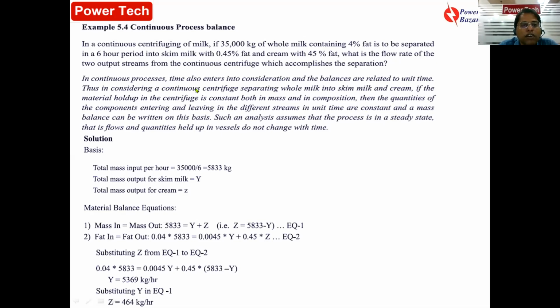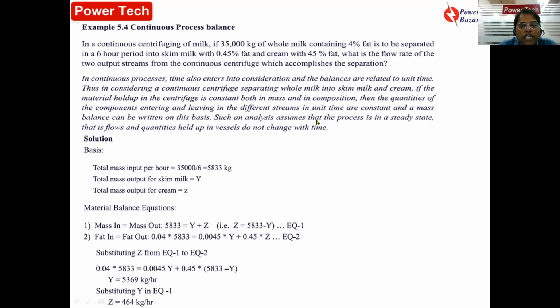Thus, in considering a continuous centrifuge separating whole milk into skim milk and cream, if the material hold-up in the centrifuge is constant, both in mass and composition, then the quantities of components entering and leaving in the different streams in unit time are constant. A mass balance can be written on this basis.